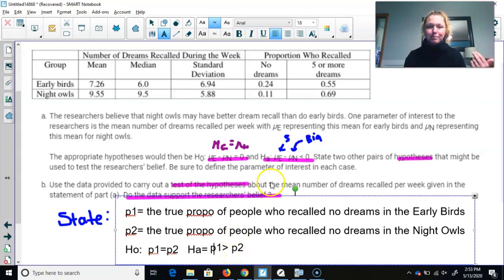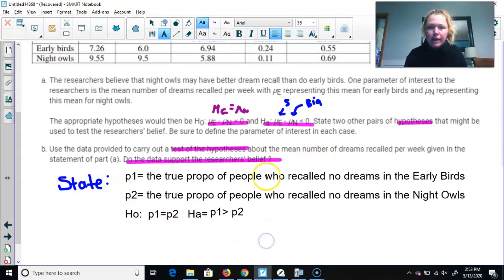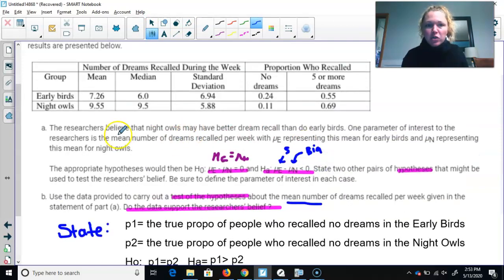Part A done. Now use the data to carry out a test of hypotheses about the mean number of dreams recalled per week given in the statement, part A. Do the data support the researcher's belief? Okay, again, this is worded differently. The one thing you need to know is use the data to carry out a test of hypothesis. So they tell you there that you're doing a test. Then what they tell you next is about the mean, so you're dealing with these numbers here.